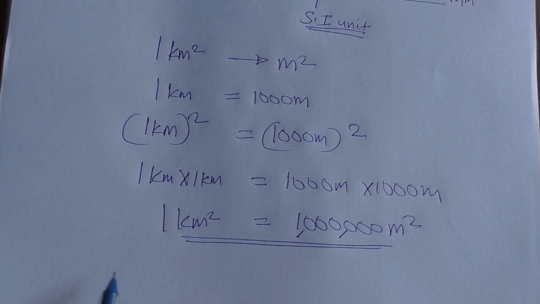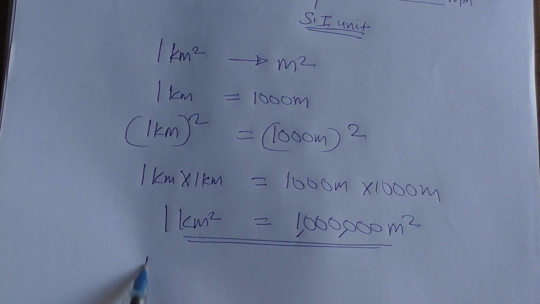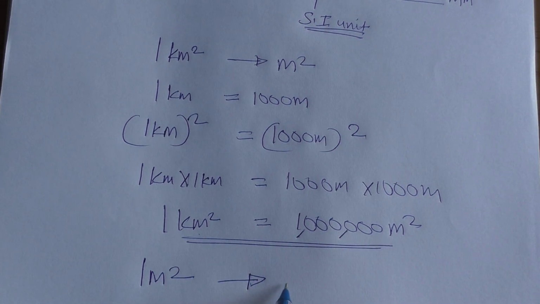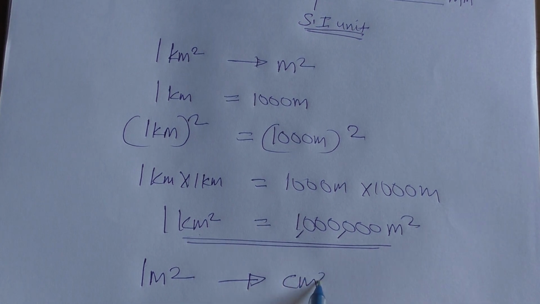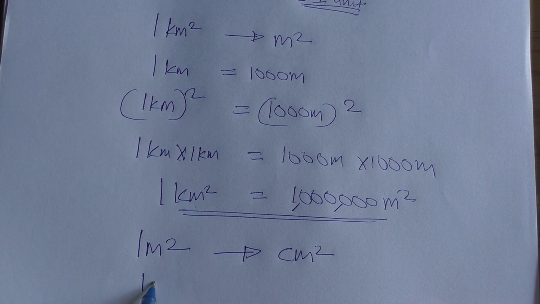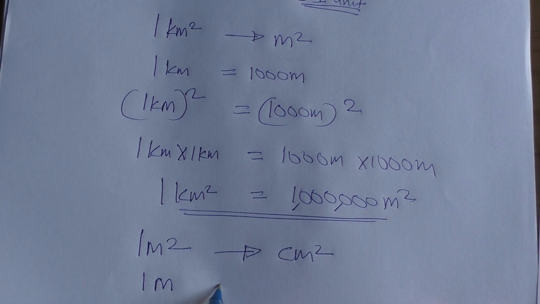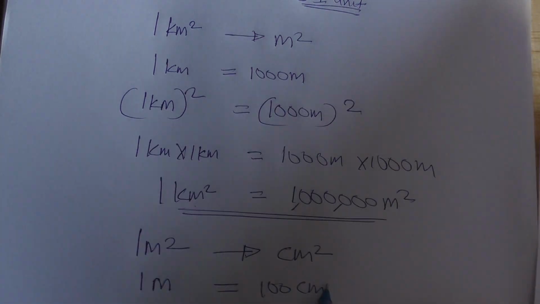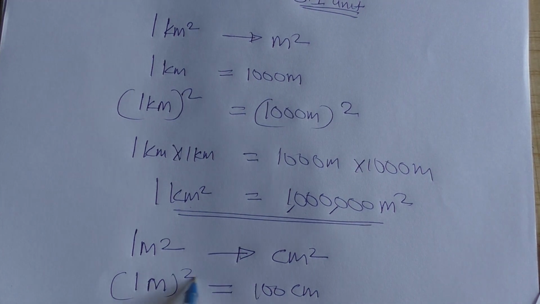If we are to change 1 meter squared to centimeter squared, we do the same. Remember, 1 meter is equivalent to 100 centimeters. So we square both sides.